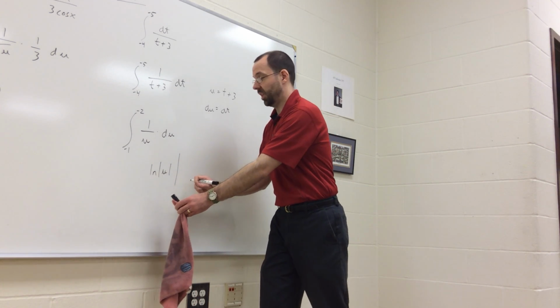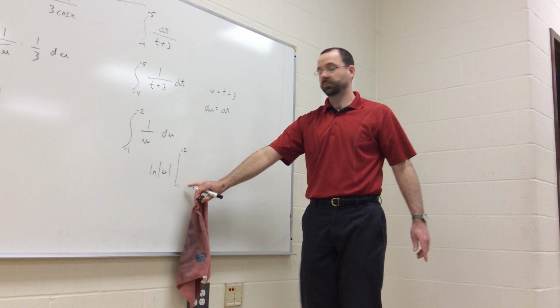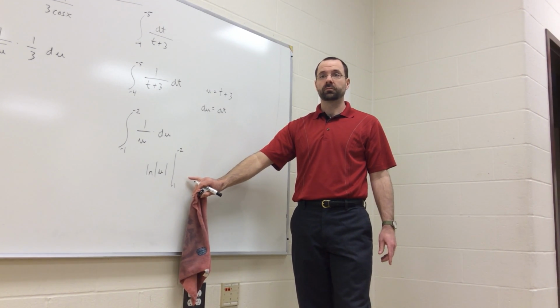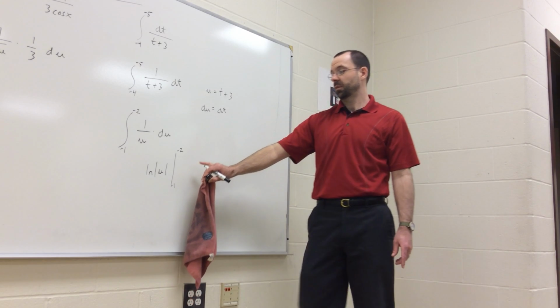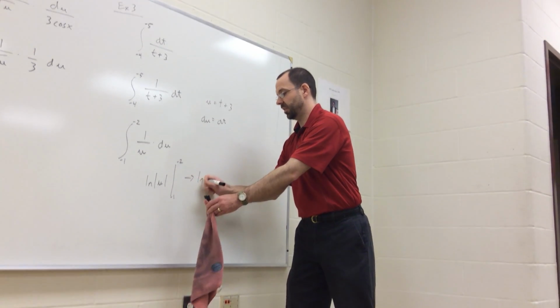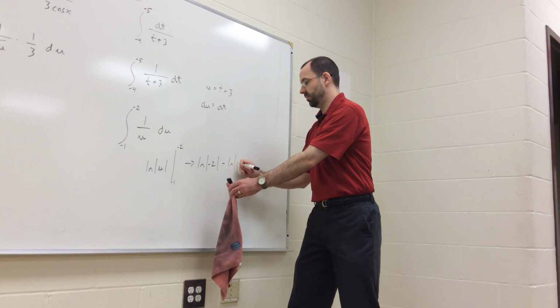And we're going to figure that out from negative 1 to negative 2. So then you plug in negative 2 and plug in negative 1 and subtract. So this is the ln of the absolute value of negative 2 minus the ln of the absolute value of negative 1.